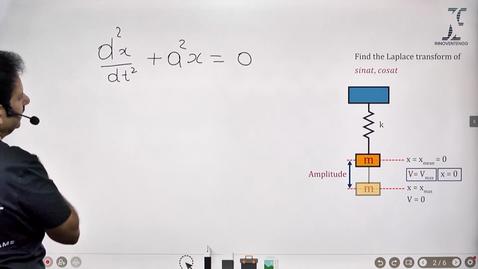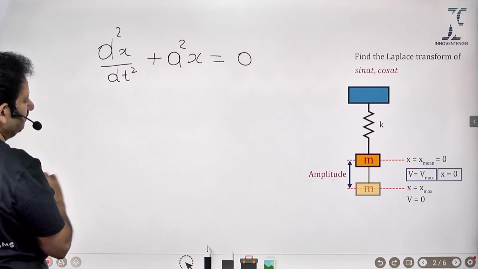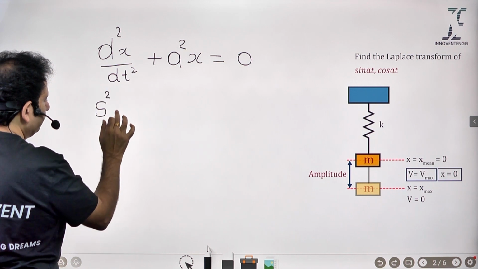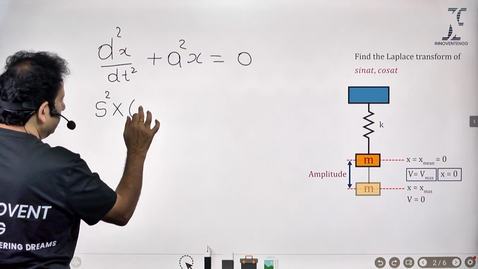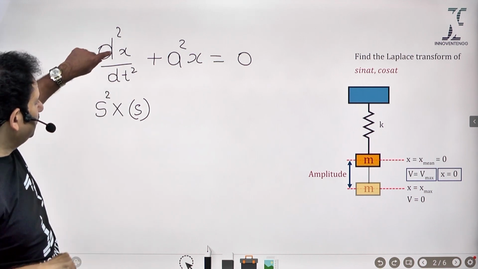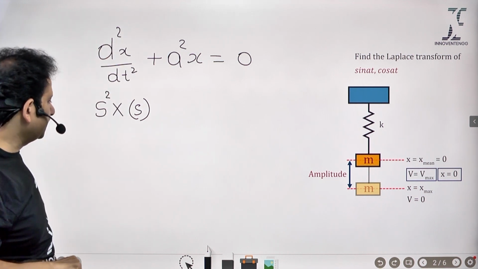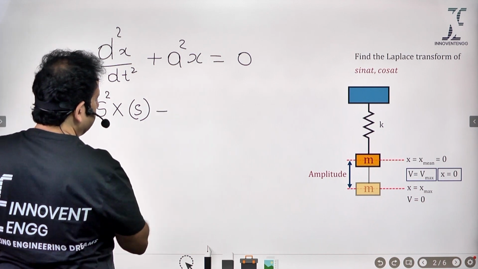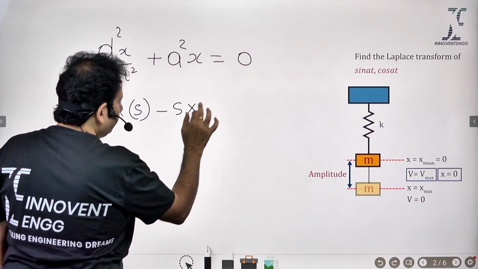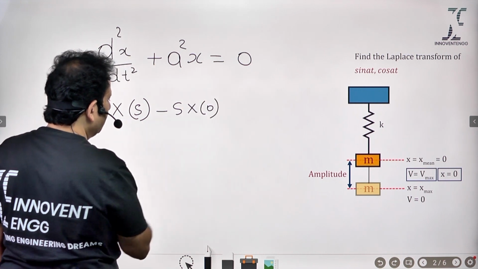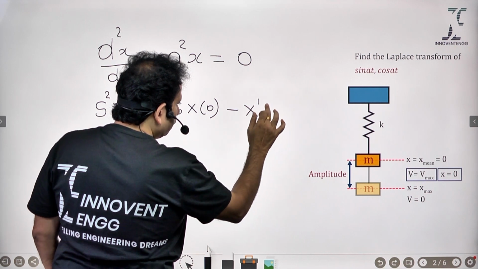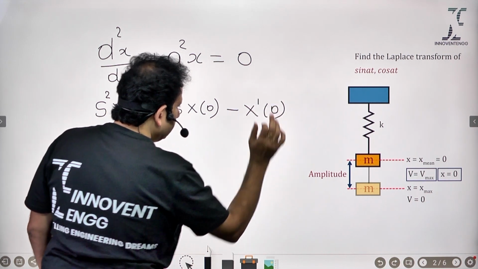Now if I seek the Laplace transform of the second derivative, remember it is given by s square X of s, because I am talking about the displacement to be designated by x, so I am getting X of s, minus s into x of 0, that is your initial boundary condition, minus x dash of 0, right?